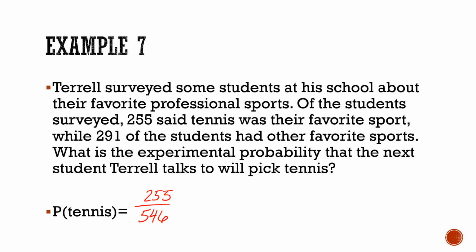So now we need to simplify 255 over 546. So think for just a minute, what number would go into both of those? Remember, if you need to, you can start with a smaller number.